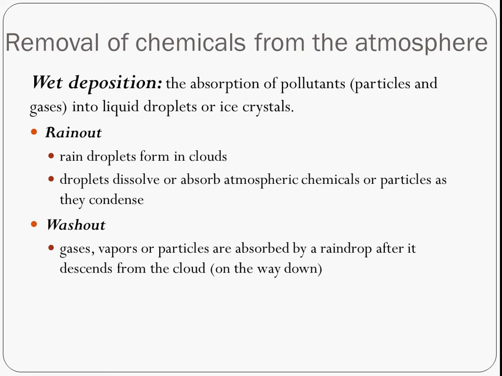So that's sort of what defines that differently than washout. So washout is when gases, vapors, or particles are absorbed by a raindrop after it starts falling. So it's not in the cloud. This is kind of what that raindrop absorbs as it's on its way down from the cloud to the ground. So those are the two big terms.